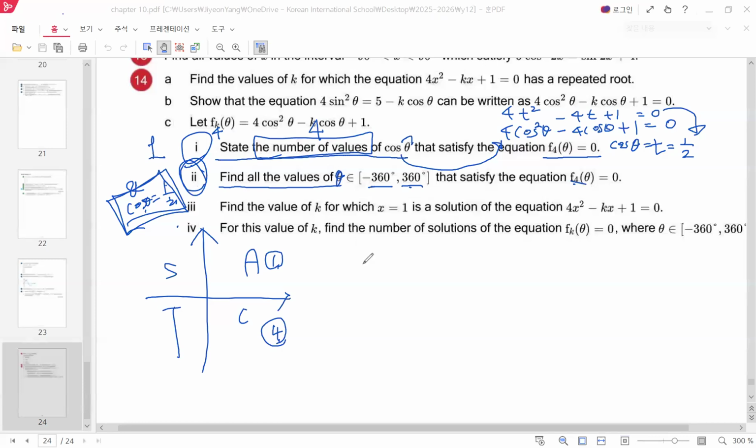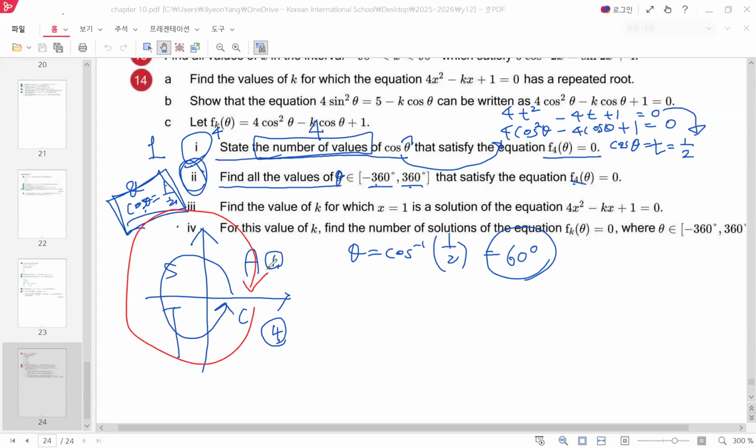Okay, students, what is theta? Theta equals cosine inverse 1/2. What is it? 60 degrees. And then from negative 360 to 360 means one full turn in the positive direction, one full turn in the negative direction. You need to find 60 on the first quadrant, and 60 on the fourth quadrant. Let's calculate the positive direction first. 60 first.